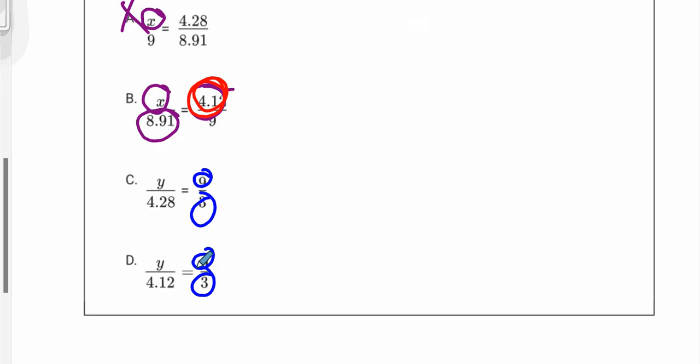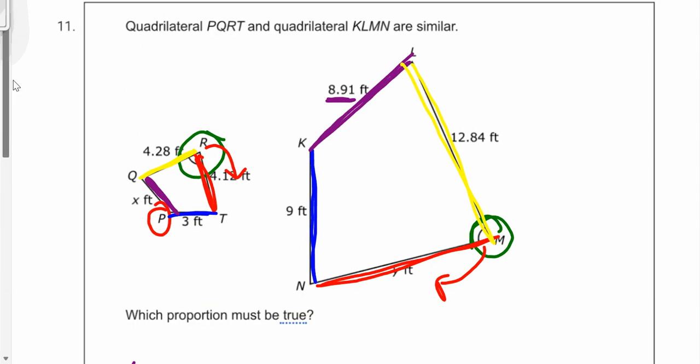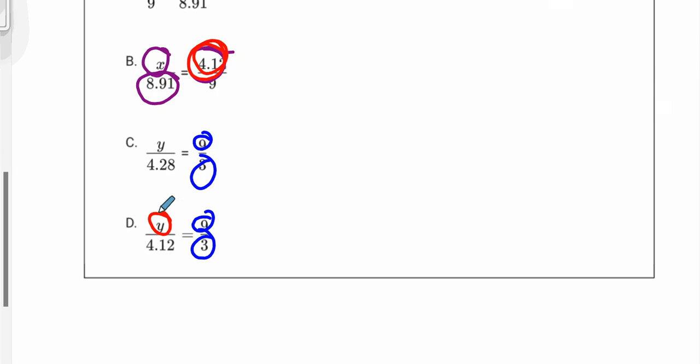And then we have y and 4.12. So y, my red side, and 4.12, those are corresponding sides as well. So D is my answer.